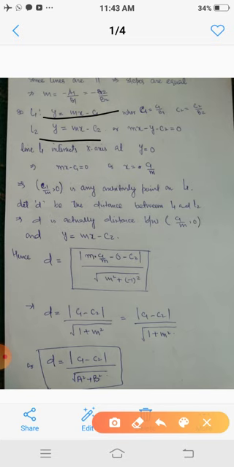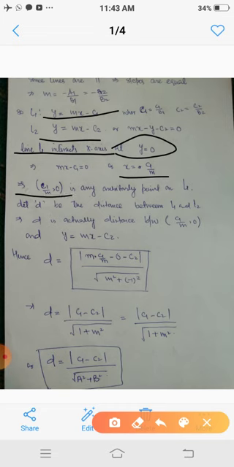Now let's find a fixed point on line L1 or line L2. Here we will find the point on L1. When it intersects at y = 0, x = c1 upon m. This means that (c1/m, 0) is an arbitrary point on L1.